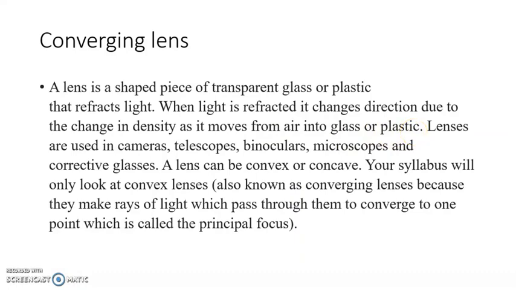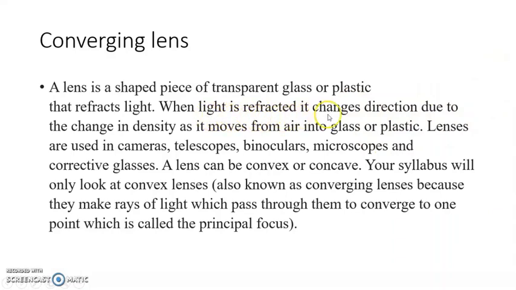So now the medium from which the light is coming from and the medium to which the light is moving into, you have different densities. So this causes the light to change direction. That process whereby the light changes direction is referred to as refraction. Okay, we refer to that process as refraction.